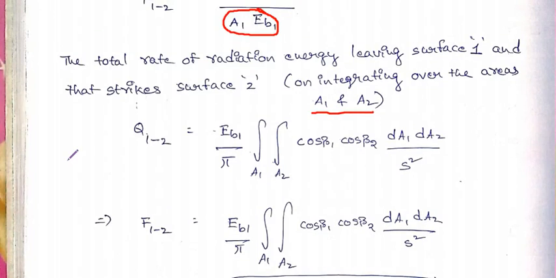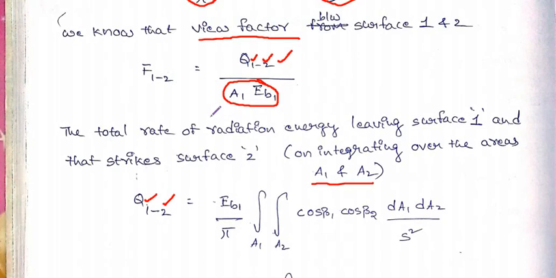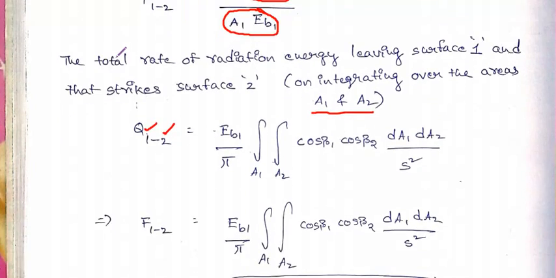This is the rate of radiation energy leaving the surface 1 and striking the surface 2. So in the view factor we have got the expression for the numerator.